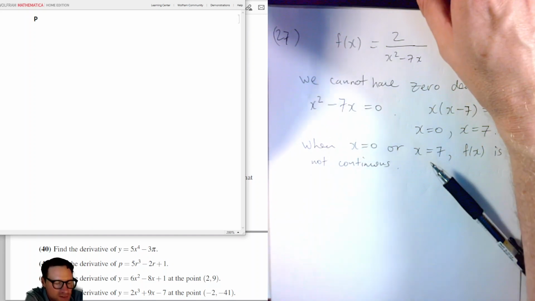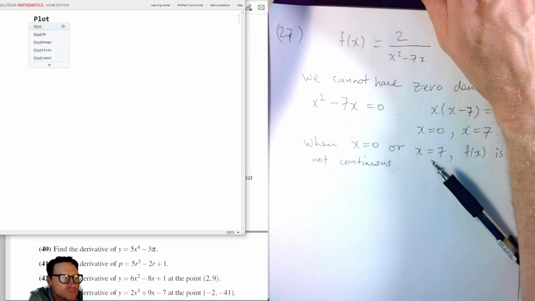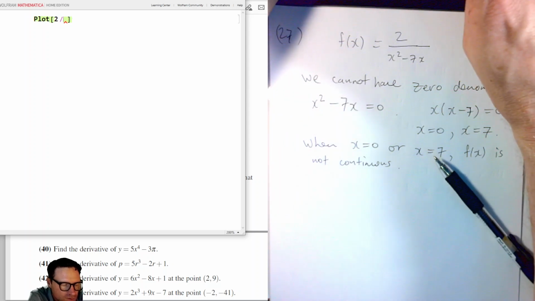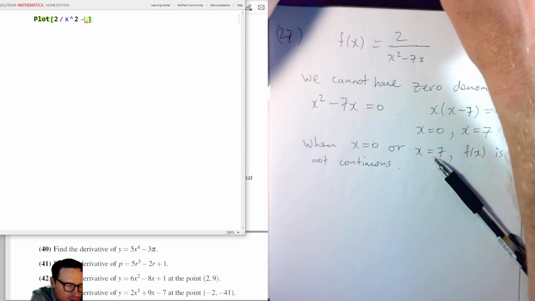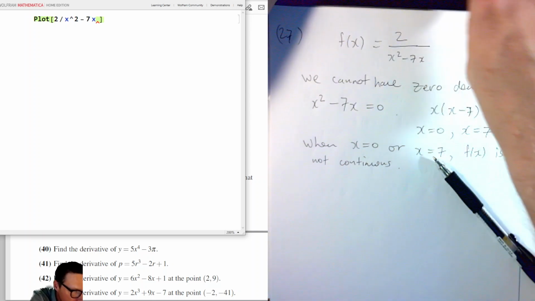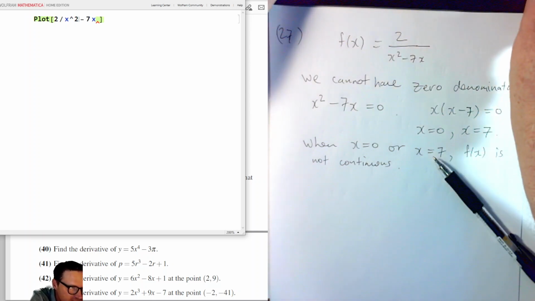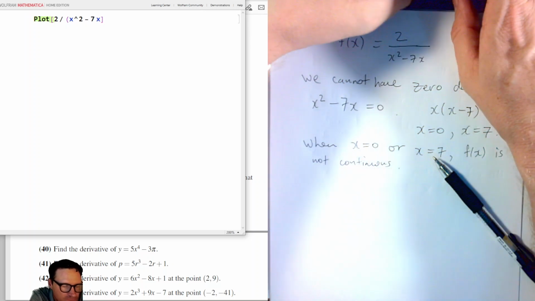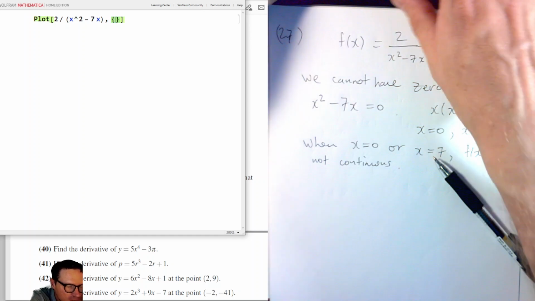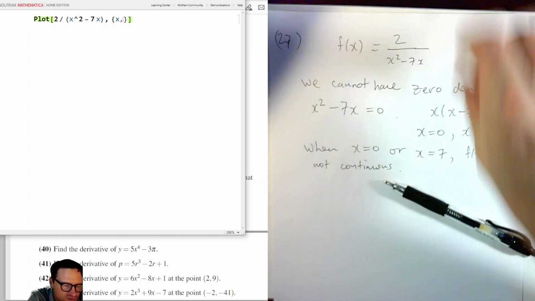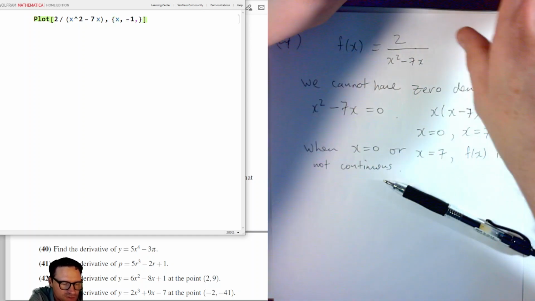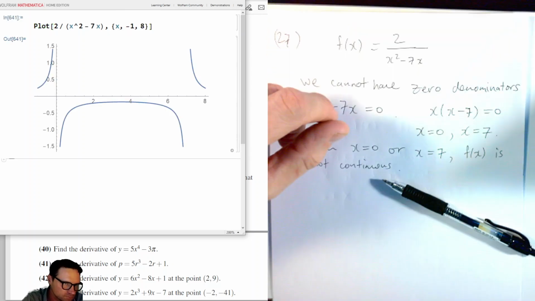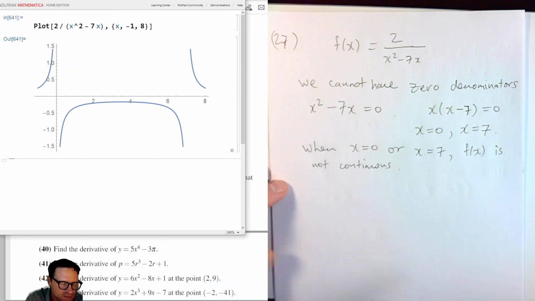So I'll write plot 2 over x squared minus 7x, but we need brackets around this because it's in the denominator, as x goes from, say, minus 1 to 8. Okay, so you can see what happens.